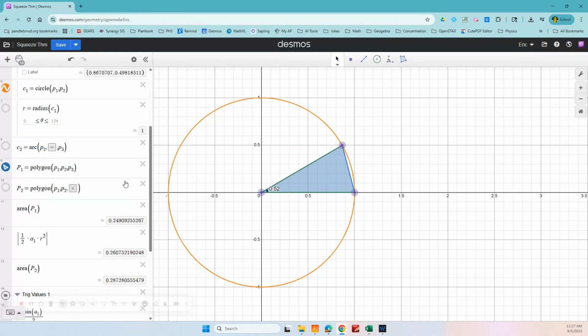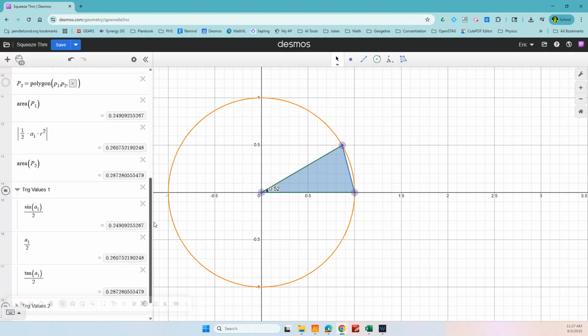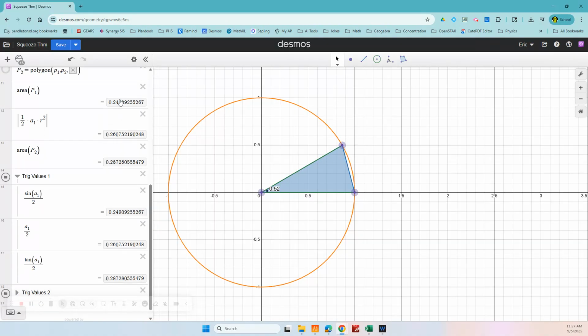The blue triangle, notice that that is exactly equal to sine of theta divided by 2. Look, that is the area, right? The area of the sector simplifies to just theta over 2. And the area of the red triangle simplifies to tangent theta over 2, just like we had yesterday.